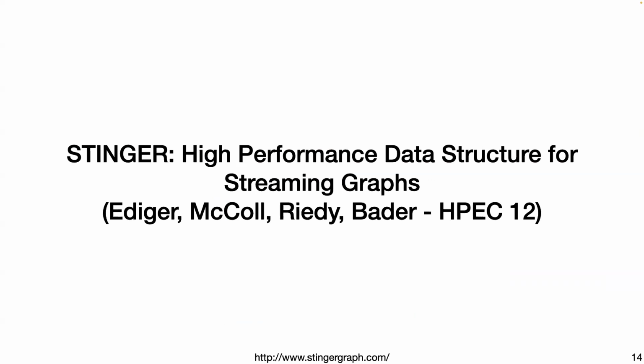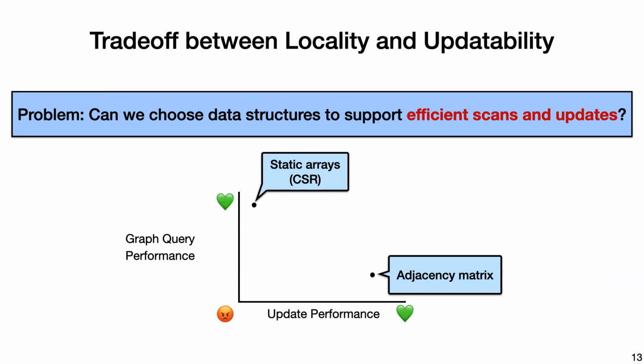Where does adjacency list fit in? Adjacency list, I would say the performance is somewhere in the middle. The query performance is not as good as CSR because it's a linked list rather than an array, but the update performance is not as good as adjacency matrix. Both are order 1, but setting a bit is faster than swinging the pointer.